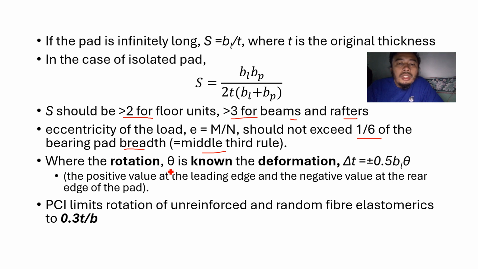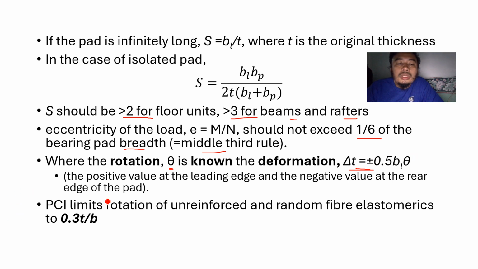Where the rotation theta is known, then you can calculate the deformation delta t by multiplying 0.5 times the bearing length times the rotation theta.